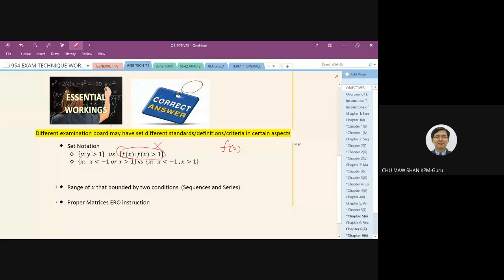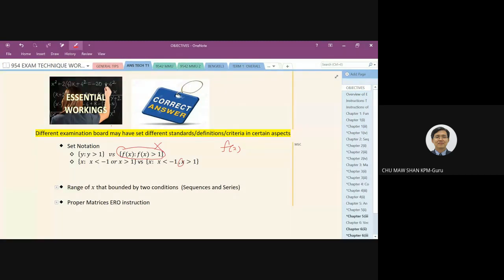Next, this one: when we express the set, it must be in the correct form. In the second version, you see there is a comma there. Comma is not allowed. It's an ambiguous case because we have no idea whether your comma represents or or represents and. So it's not allowed.